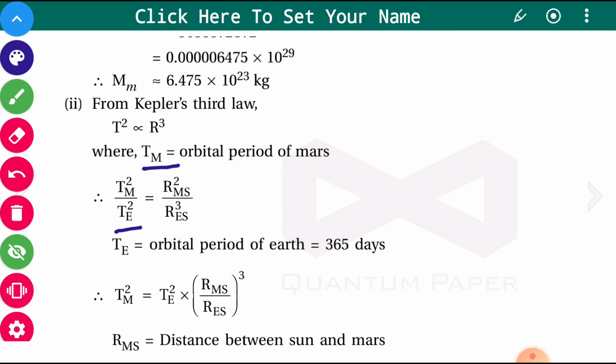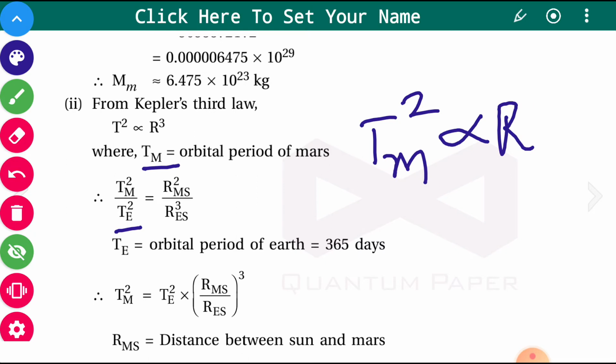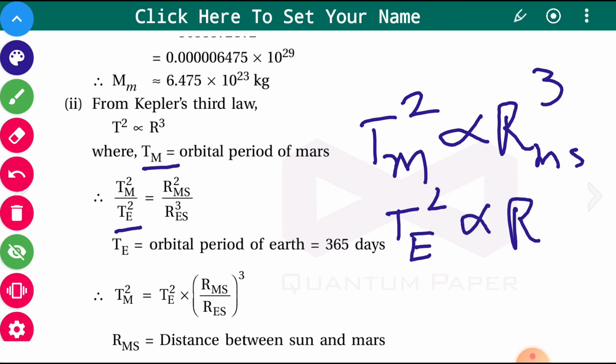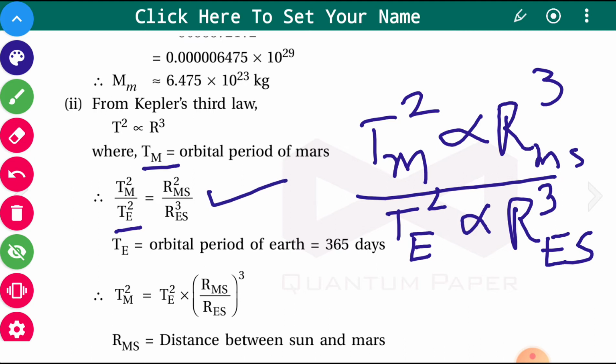Then Tm square is proportional to the distance of Mars from the Sun cubed, and Te square is proportional to the distance of Earth from the Sun cubed. Take the ratio and make Tm the subject of the formula.